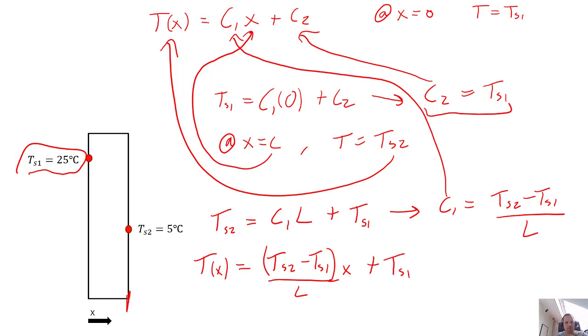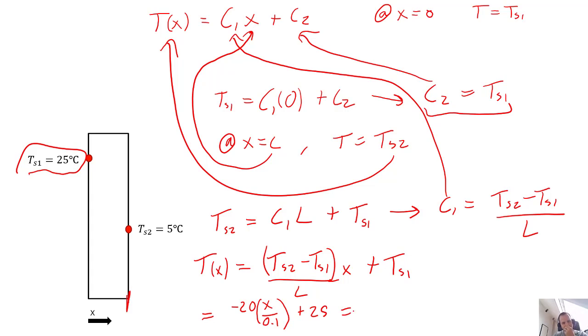Okay, so now this is an equation, and we know everything in this equation. We can go ahead and plug numbers in there, and we would get that for any x, we can just run this little equation. So TS2 is 5 degrees minus TS1, which is 20 degrees, so our temperature difference is minus 20. We would multiply that by x over L, and L is actually 0.1 meters. It was 10 centimeters if you remember. And then we would add our TS1, which is 25.